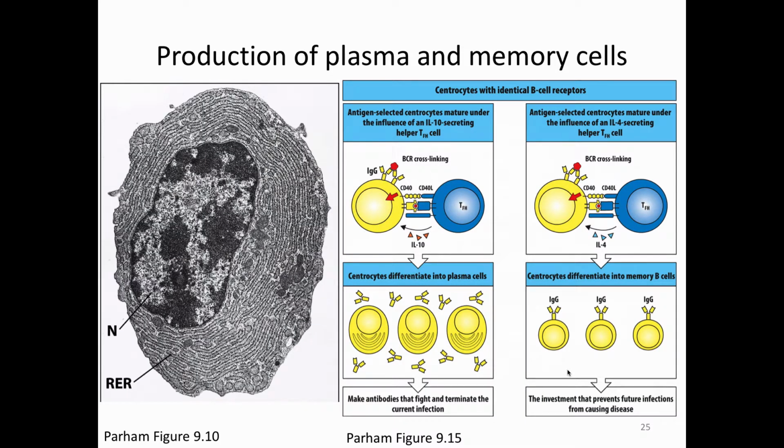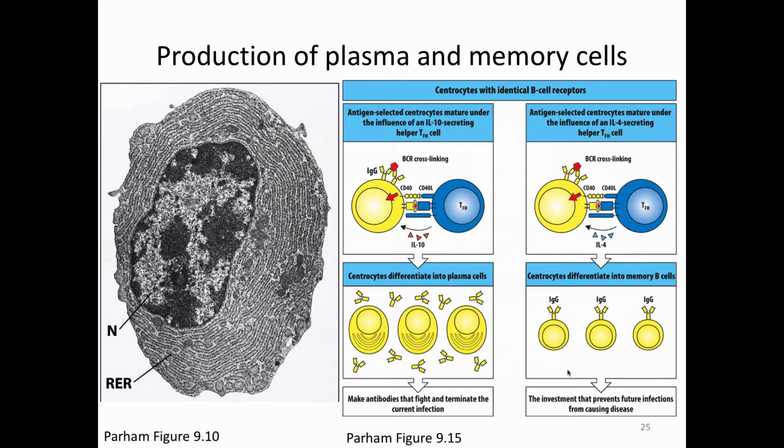You can see the picture of a plasma cell here under the microscope. You will see that it has a nucleus, N, and you will see that it has rough ER. And basically, that's what it's got. This cell has become highly specialized to be a secretion machine.